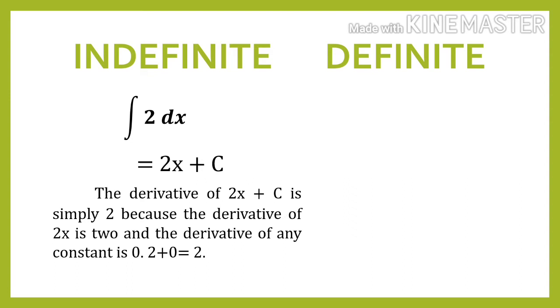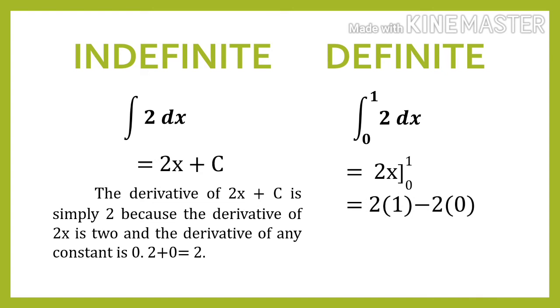On the other hand, for definite integral with an upper limit of 1 and lower limit of 0, the antiderivative of 2 is 2x. Then let's evaluate this from 0 to 1. It will be 2 times 1 minus 2 times 0. This represents the F of b and this is the F of a.